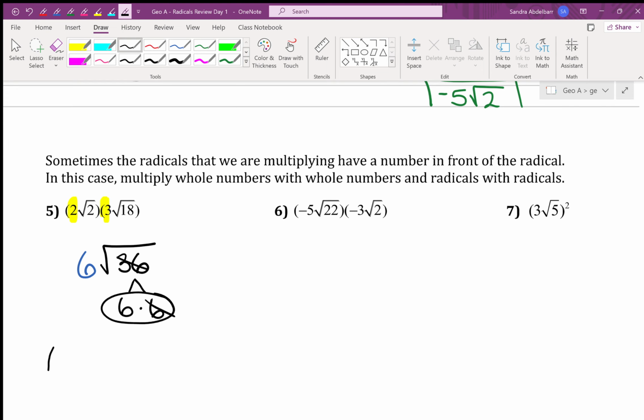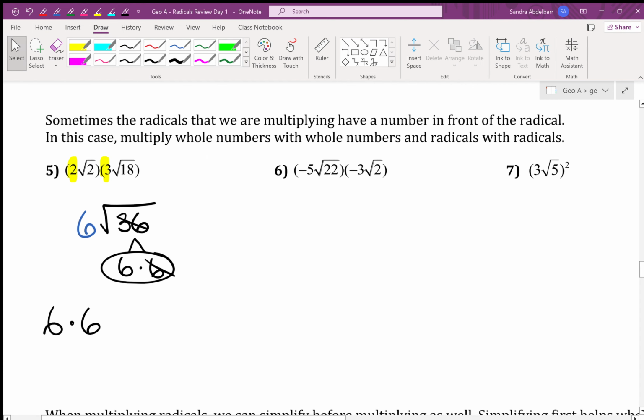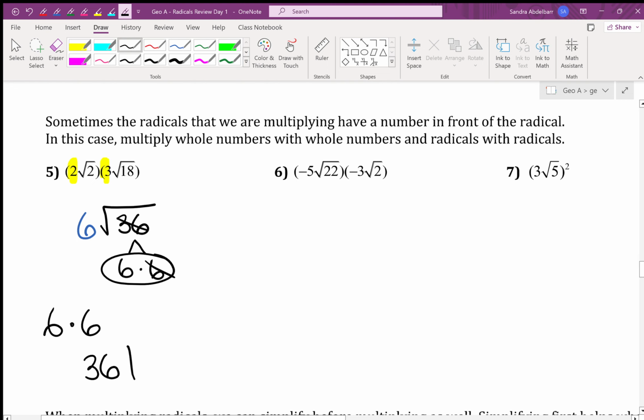So I have a 6 on the outside. 1 6 is coming out from our pair. Is there anything left to be in the radical? There's nothing left for the radicals, therefore there is no more radical. What's 6 times 6? 36, no more radical. All right, you all do number 6 and then we'll go over it.